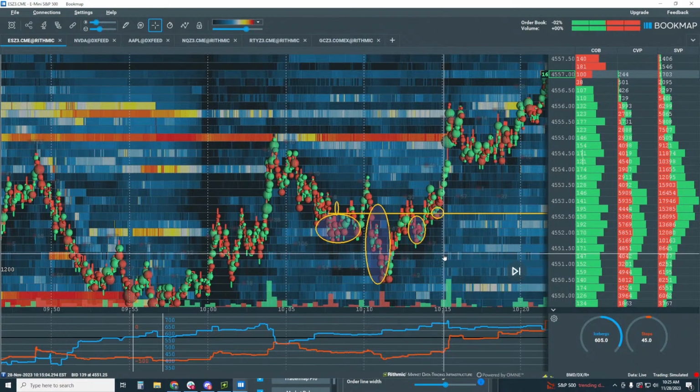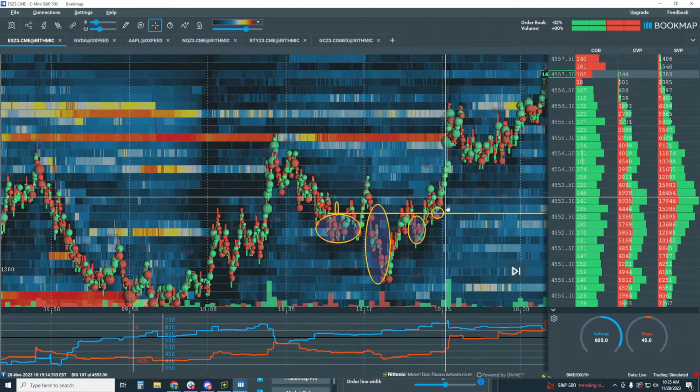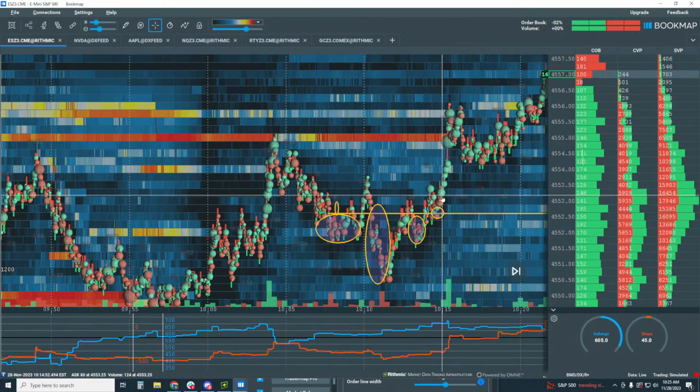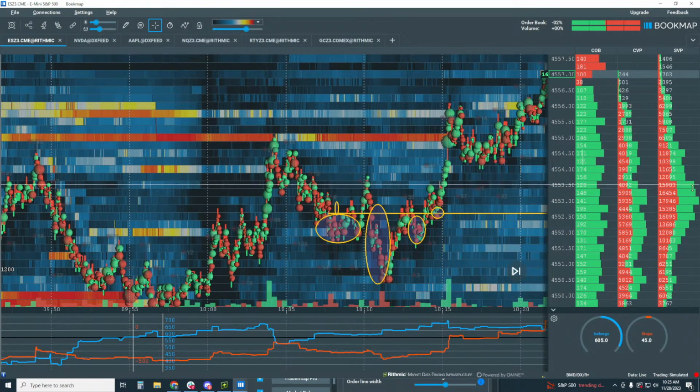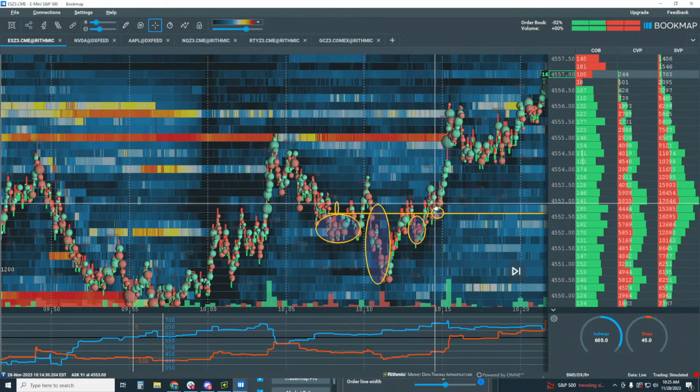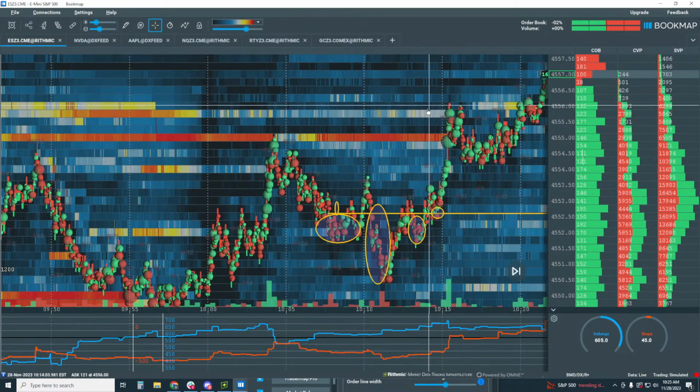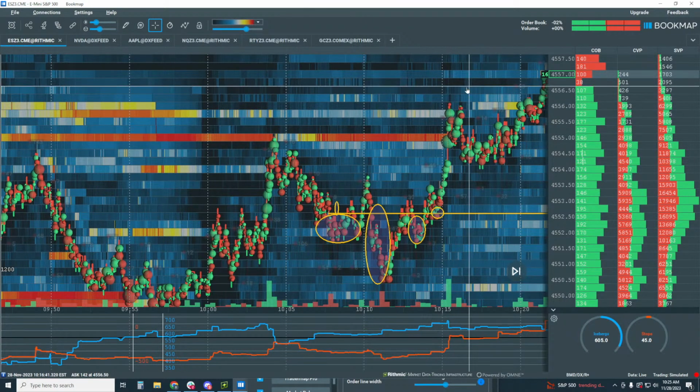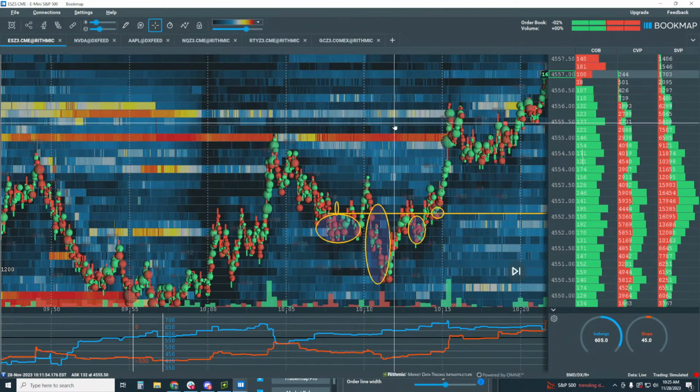Well, maybe your stop is down below this swing. Maybe you're looking for this to work right away and your stop is just here. It has to work. Maybe it's just below the POC basically, because you're looking for this to move from the most traded level in here to the outside and explore these outer edges of the trading range.